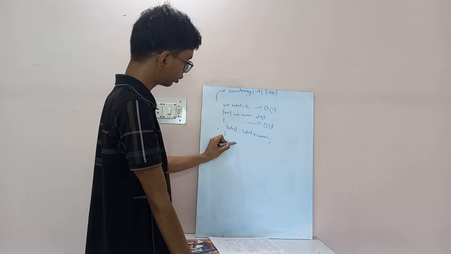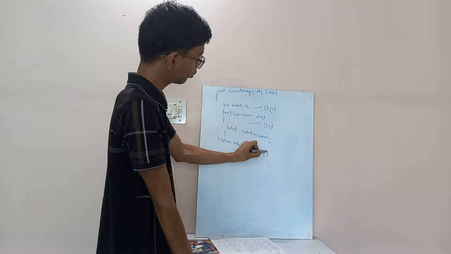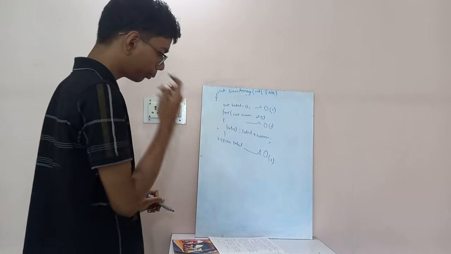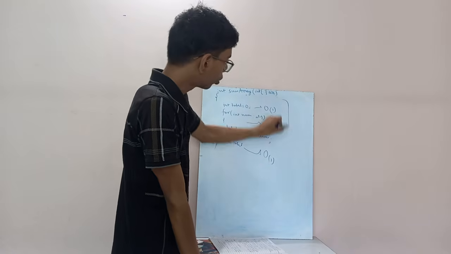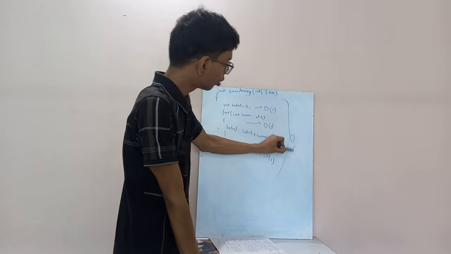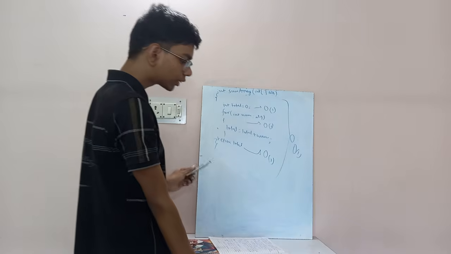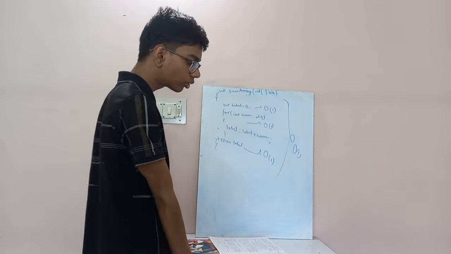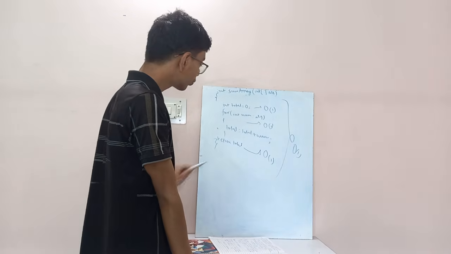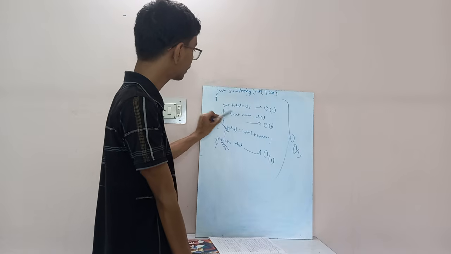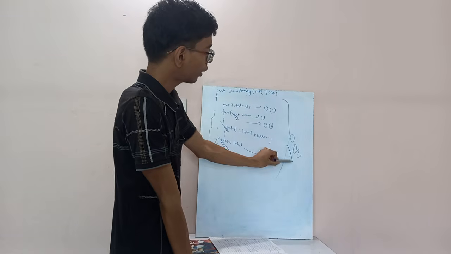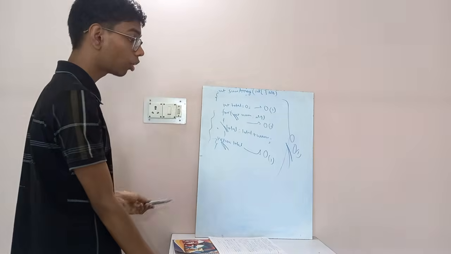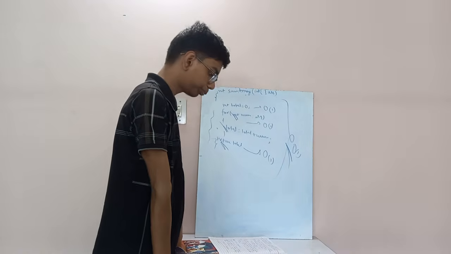Return total. This will again give a complexity of order of 1, right? So the whole complexity will be order of 1 regardless of the size of the array, because I have not copied any array and there are a fixed number of variables, right? So fixed number of variables, that's why I get the complexity as order of 1.